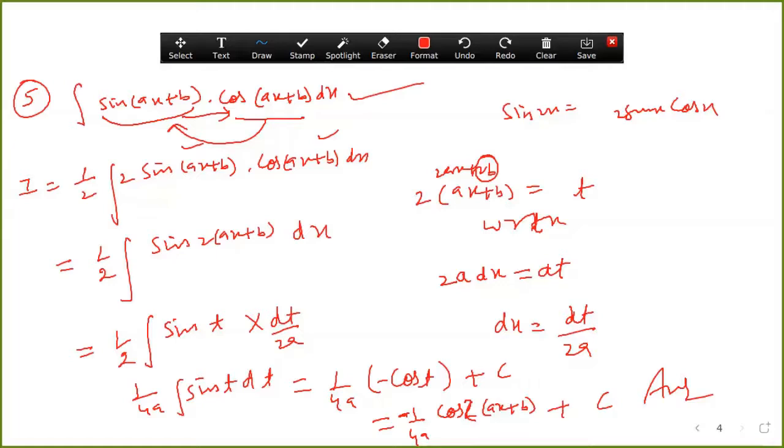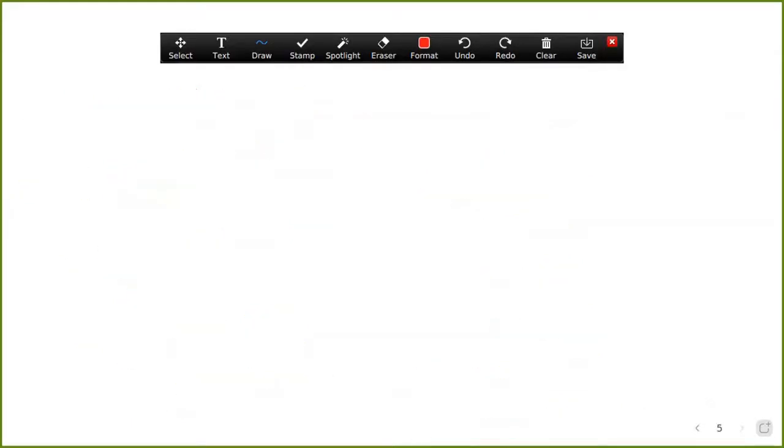Now question number 6. That is the integration of (ax+b) whole power 1/2 dx. Let ax+b be equal to t.